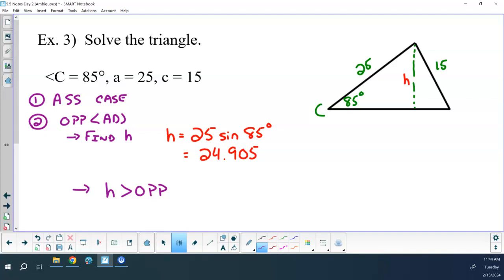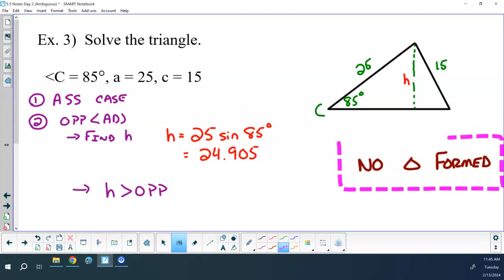Yep. So no triangle formed. All right, on that one. One more to go.